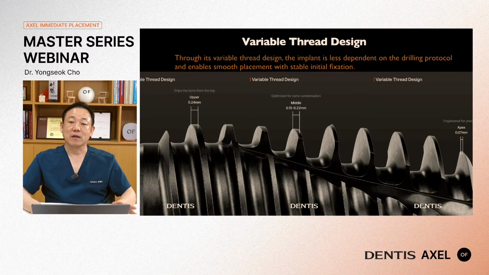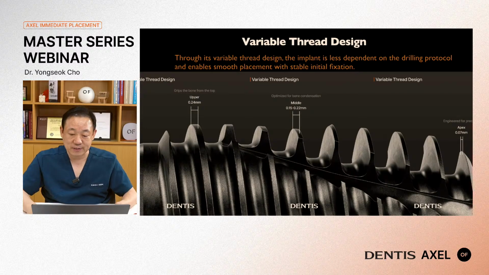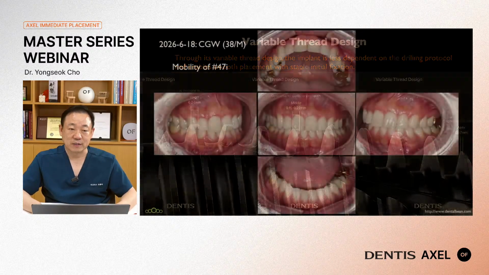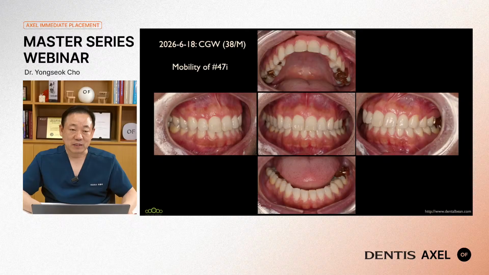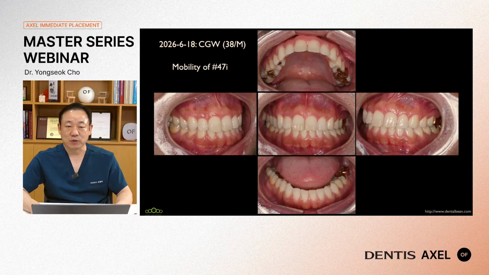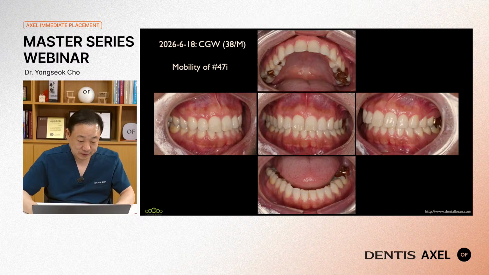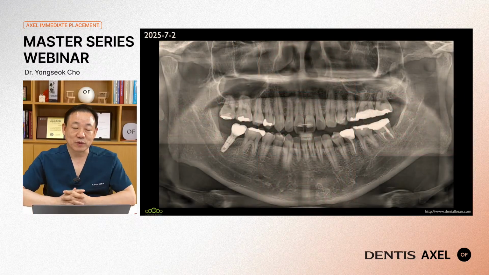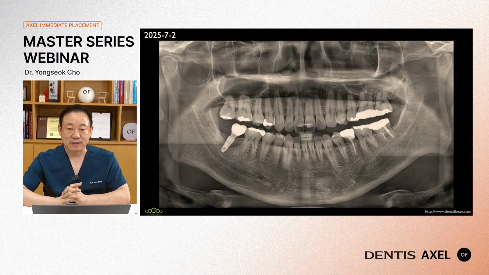Let me show several cases of this implant. It is a mandibular molar site and all are immediate implant placement after extraction. Here is a 38 year old male patient who complained of mobility of the right second molar implant. The patient received the implant 2 years back at another dental clinic.